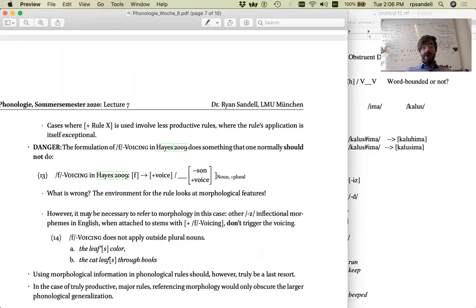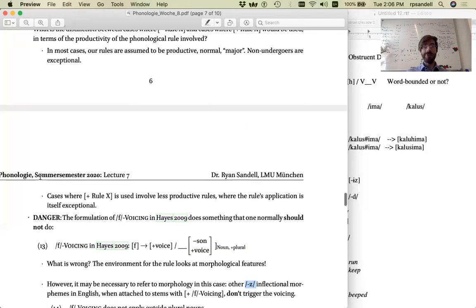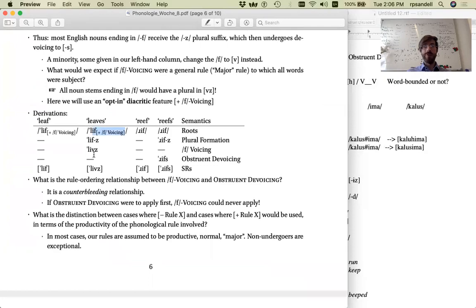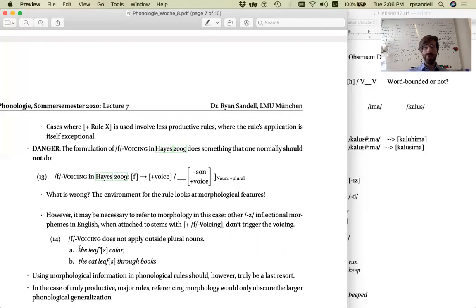However, in this case, it might be necessary to refer to these aspects of morphology, because there are other morphemes in English which have the underlying phonological form z, which fail to undergo F voicing when attached to these stems which show F voicing in their noun plural, like leaves. So in building the possessive form of the word leaf, I would say the leaf's color and not the leaves color.